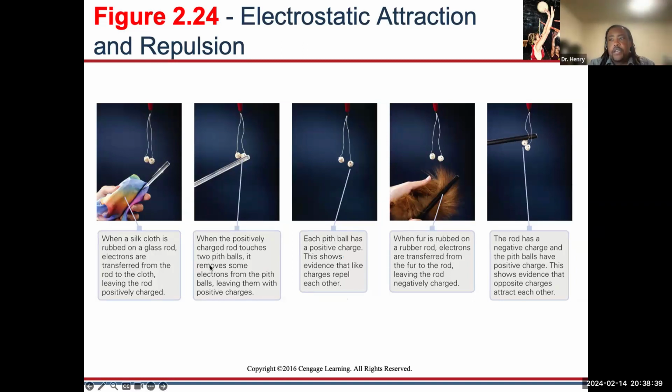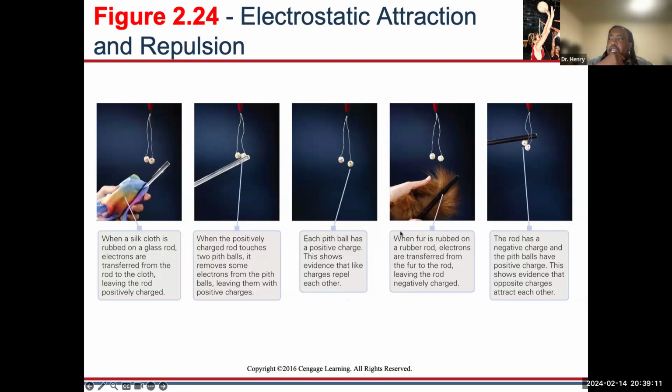And so the pit balls, they're going to have a negative charge associated with them. So they're going to be attracted to that positively charged rod, and so they're going to come together. So then after that, because the electrons that were there have been moved over to the rod, pulled away, you now have two pit balls that will actually repel each other because they're both positively charged.